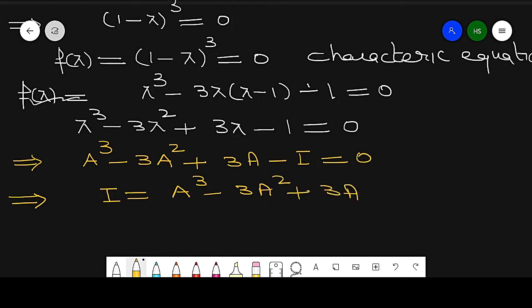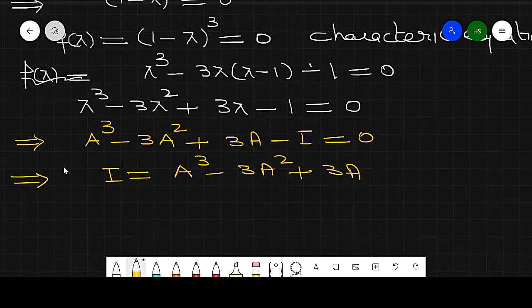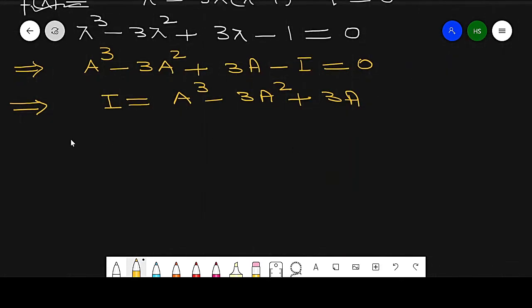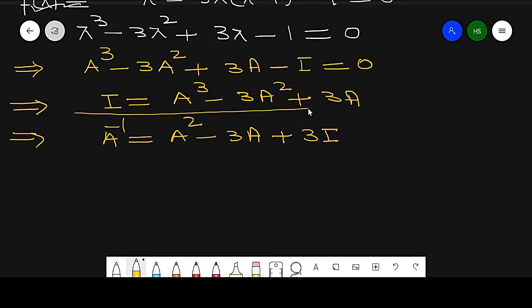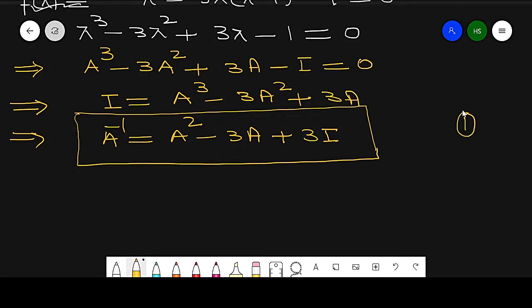If we pre-multiply by A inverse, we get A inverse equal to A square minus 3A plus 3I, identity matrix. Suppose this is equation number 1.